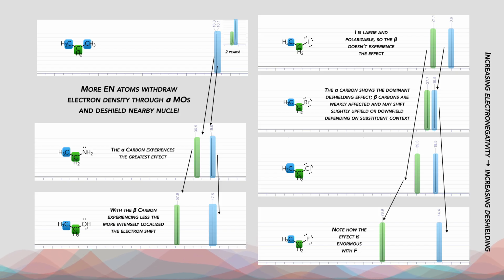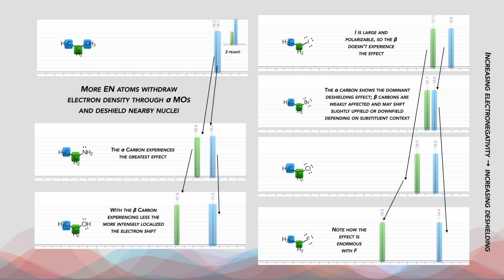Electronegative atoms withdraw electron density through sigma bonds, de-shielding nearby nuclei. The closer a carbon is to the electronegative atom, the stronger the effect. The alpha carbon, the carbon directly attached to the heteroatom, experiences the greatest de-shielding. Beta carbons are affected less strongly.